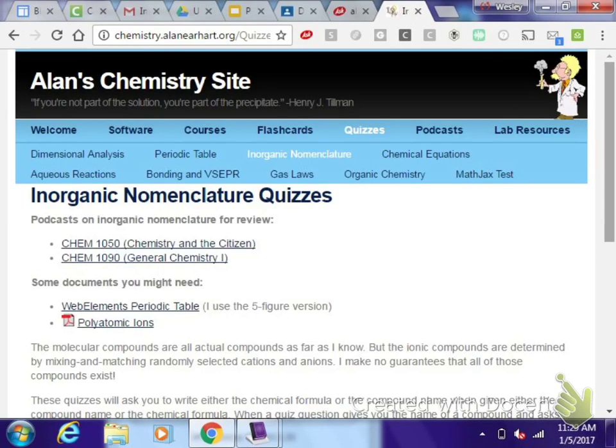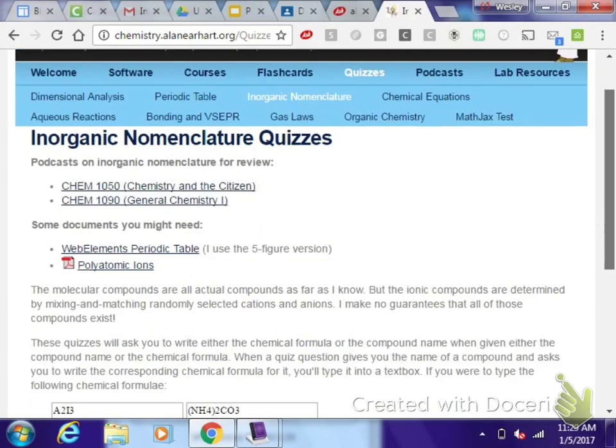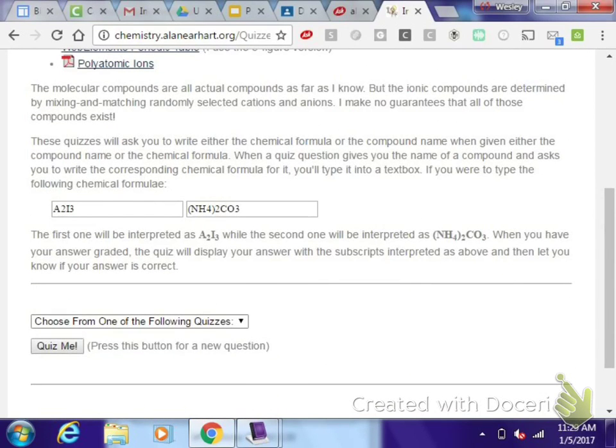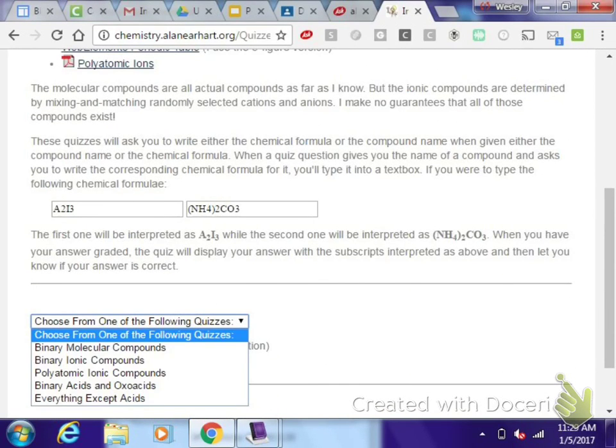So the link takes you to what's called inorganic nomenclature quizzes. And when you go there, you have the ability to do quizzes and practice. So when you go down here, you hit the arrow, you've got binary molecular, we'll do that tomorrow. Binary ionic we did today.